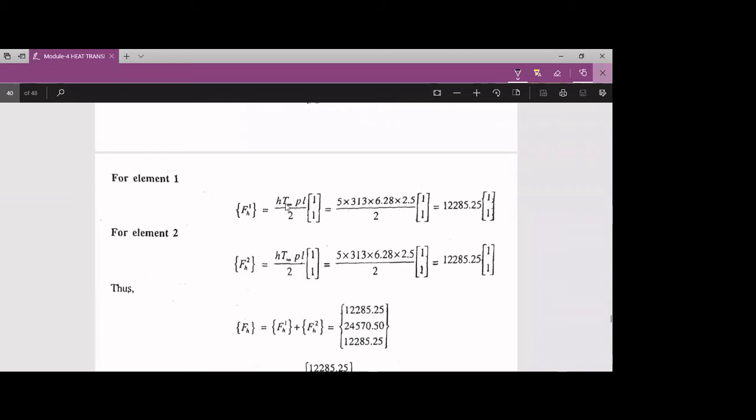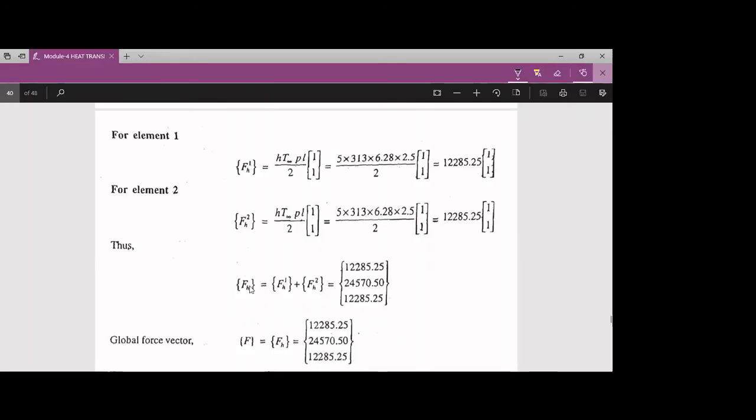Substituting the h value, T infinity, P value, and L value, after simplification we get 1228.5 times [1, 1]. Similarly for the second element, the convective force vector h T infinity P L by 2 times [1, 1], after substituting all the values, gives 1228.5 times [1, 1]. So these are the force vectors due to convection at element number 1 and element number 2.